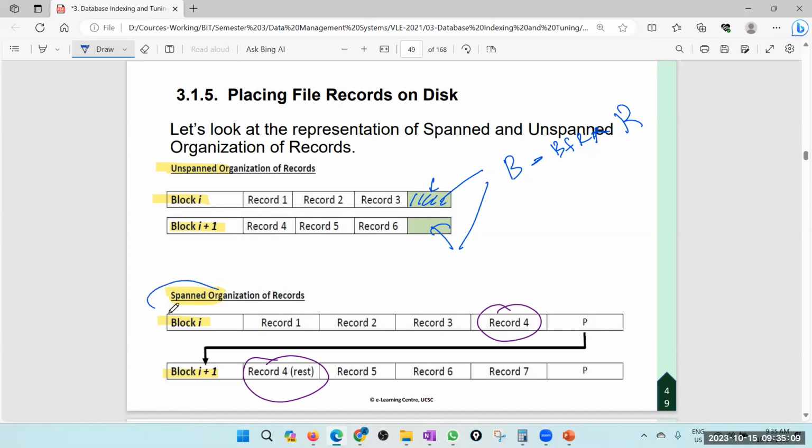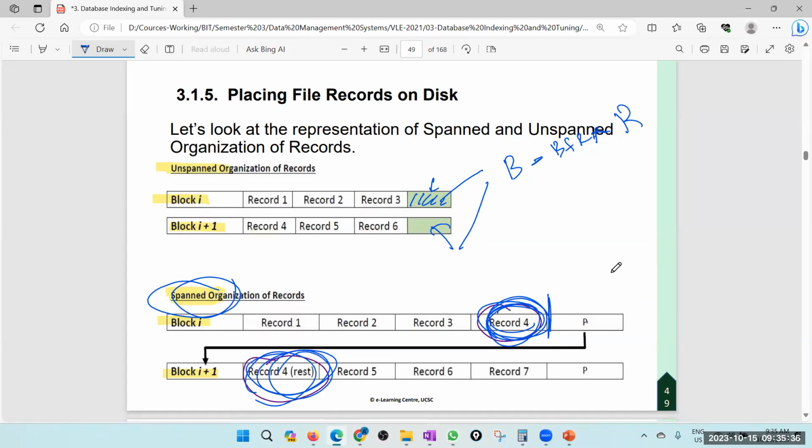But if we go for spanned organization, this storage can also be used to keep, maybe, part of the fourth record, with the next part of the fourth record in the next block. This is just the pointer into the next block, because the rest of record 4 is there. So you don't waste it.